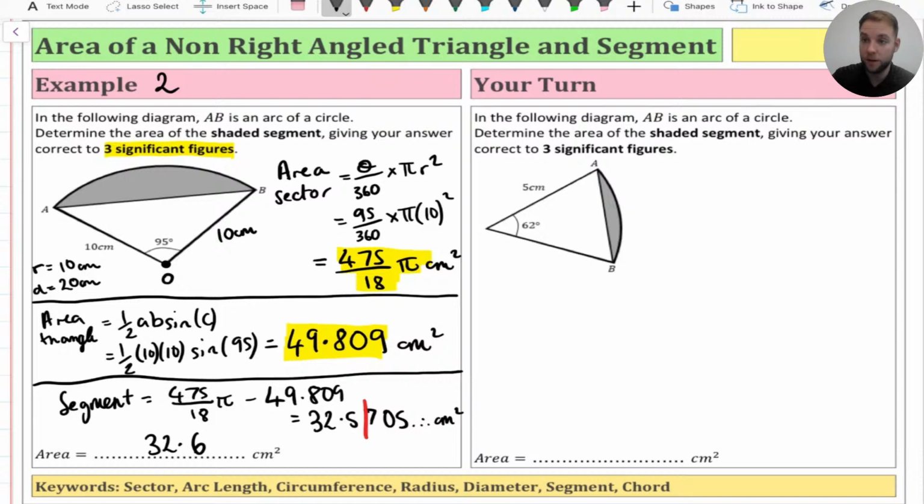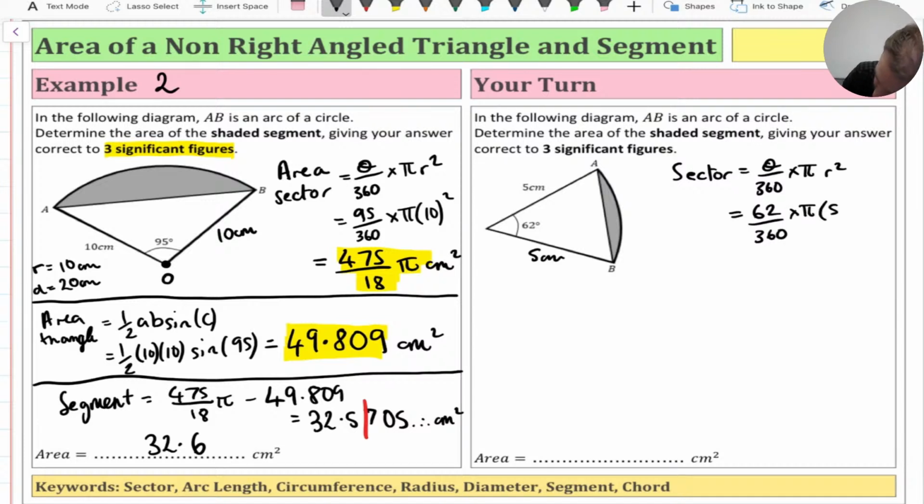Okay, so let's start having a little go at this. So we'd need the area of the sector first, which is equal to theta over 360 times pi times r squared, which is equal to 62 over 360 times pi times 5 squared.